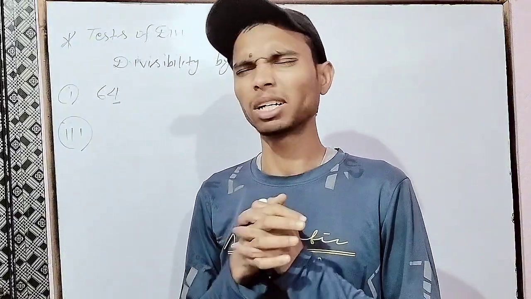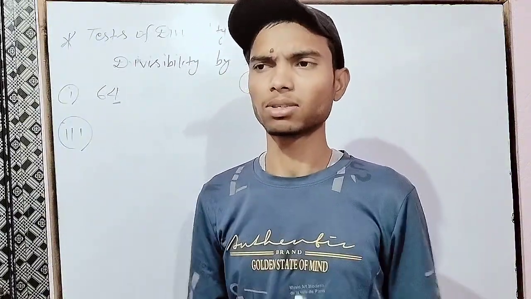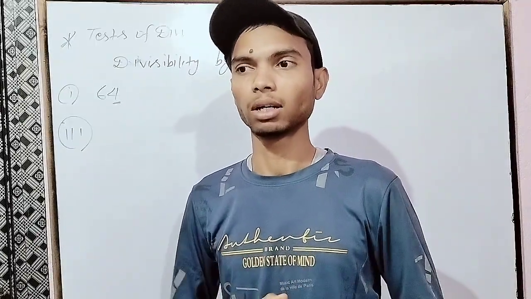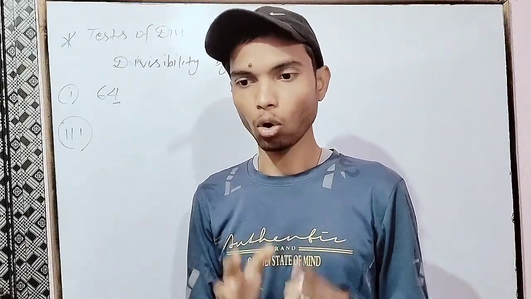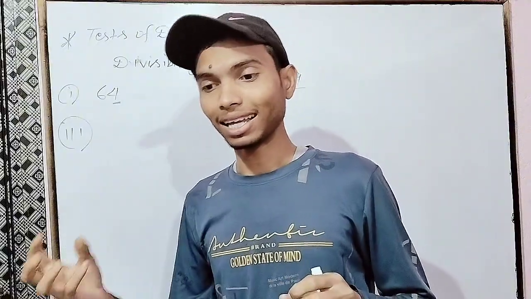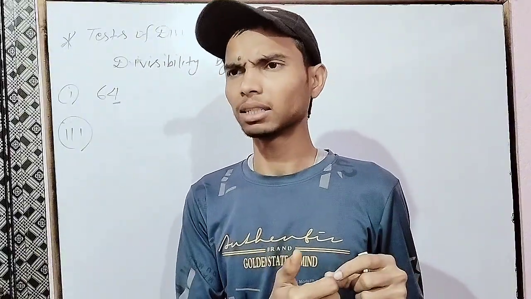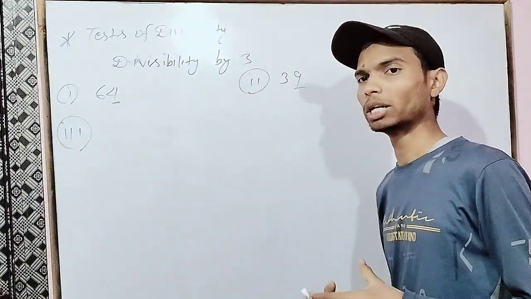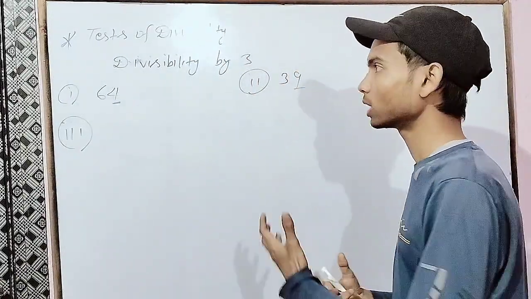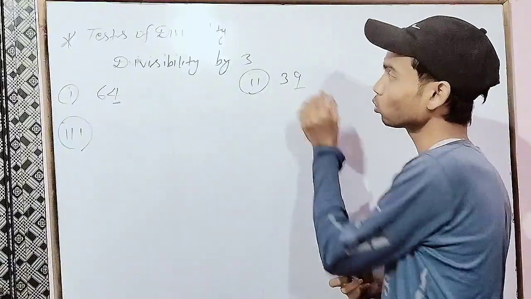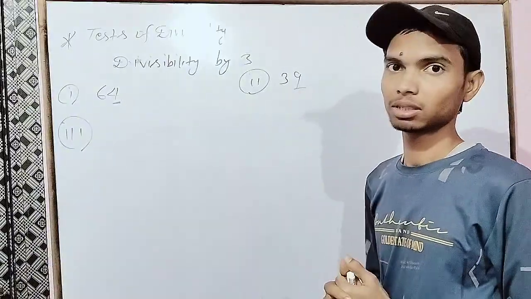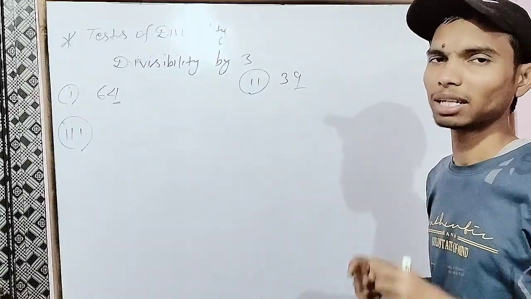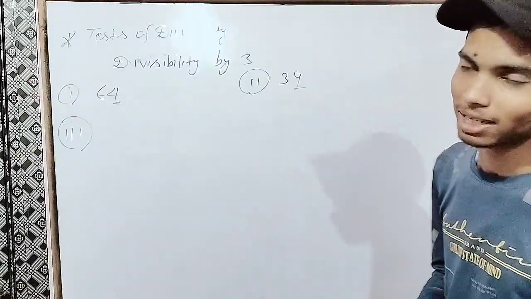In the case of divisibility by 3, one needs to observe the sum of all digits of the whole number. If the sum of all digits is divisible by 3, then the whole number will be divisible by 3. Here, you need to listen very carefully. If the sum of the two digits of this number is divisible by 3, then the number will be divisible by 3.